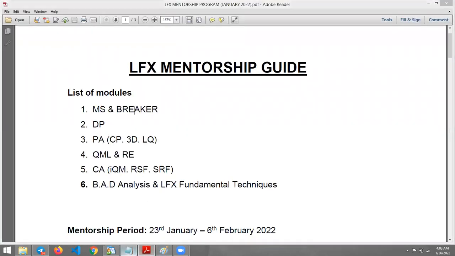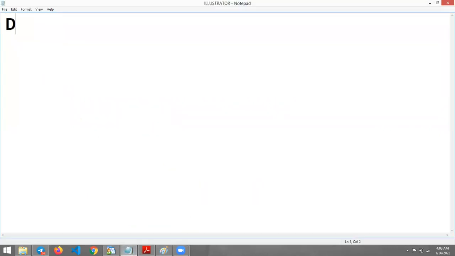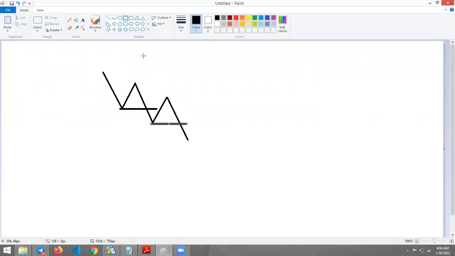So now the DP is what we call the decision point. After identifying your breaker, what you look out for is a decision point.